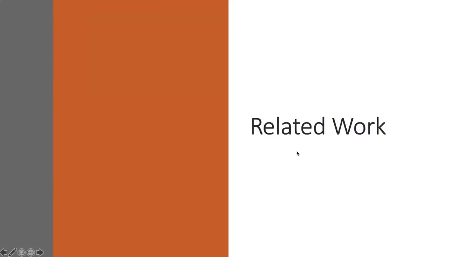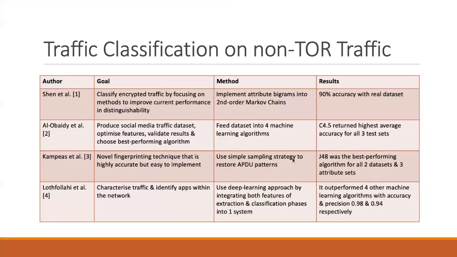Now we look into some previous literatures related to our research. Traffic classification on non-TOR traffic, we have four important literatures. Overall, J48 or C45 was the best performing machine learning algorithm for the two papers.